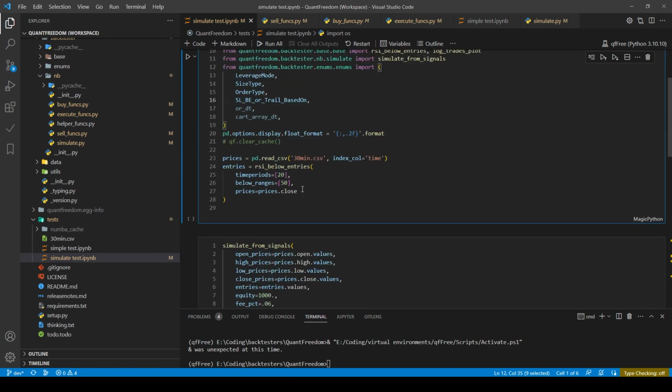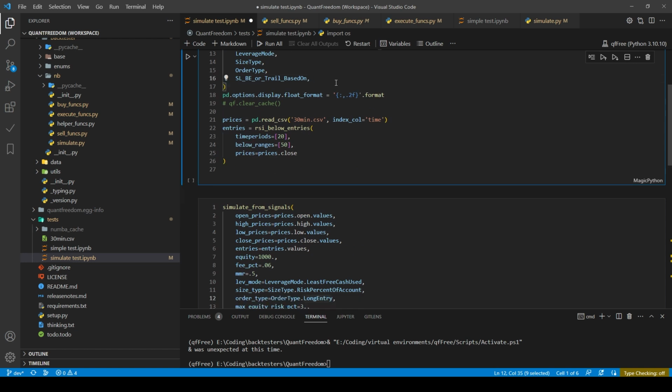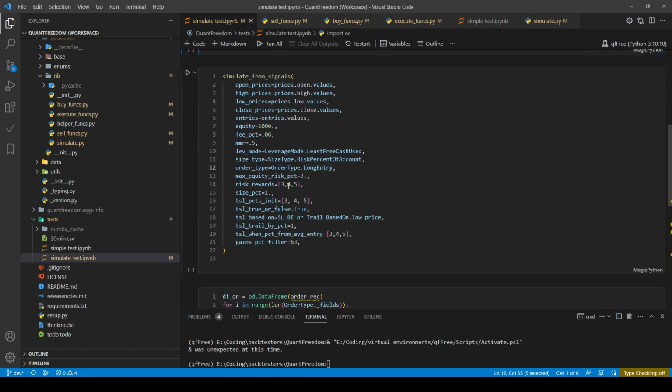Let's see here. I don't want this taking forever. I guess first we just need to... wait. Trailing stop loss true or false? It needs to be true in order to make this.